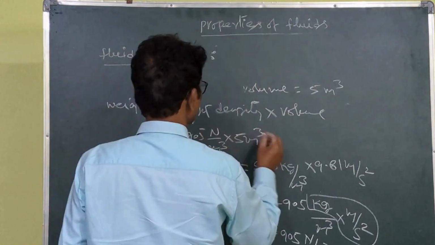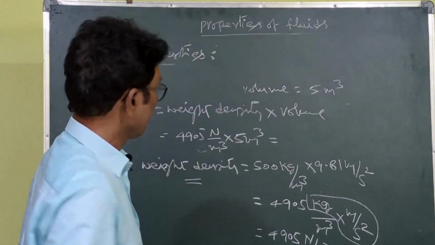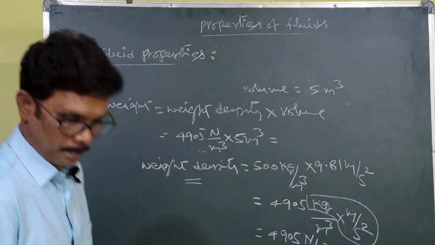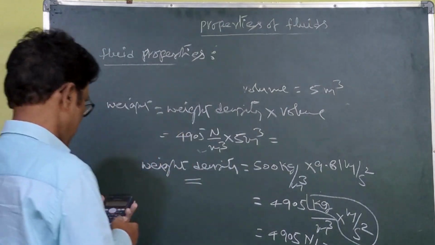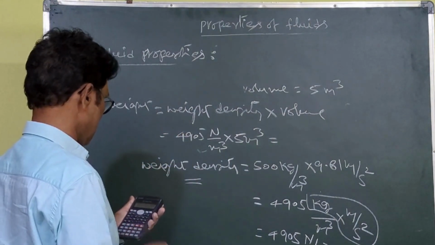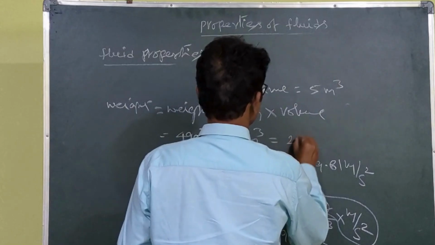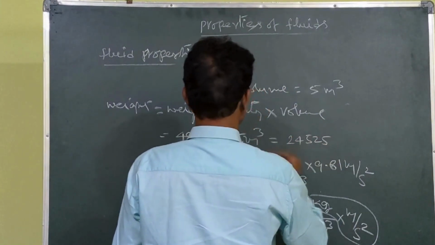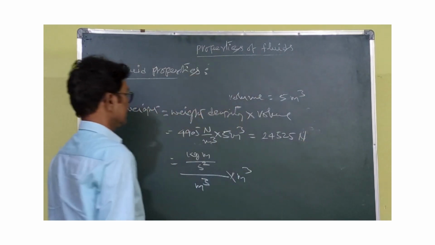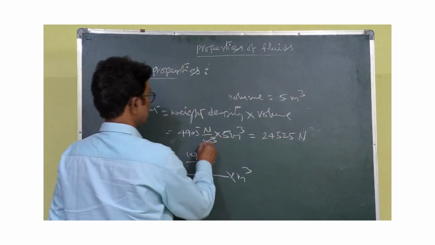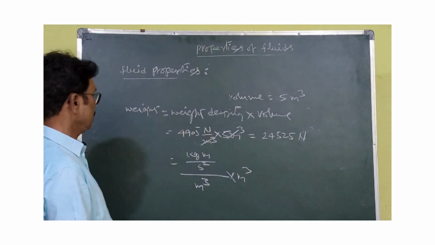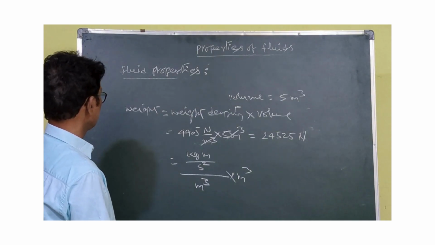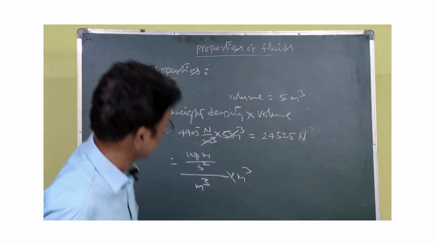If you multiply by 5, it comes to 24,525 Newtons. Because the meter cubes get cancelled, this is equal to Newtons. Okay, this is enough. No need to go further in this step.